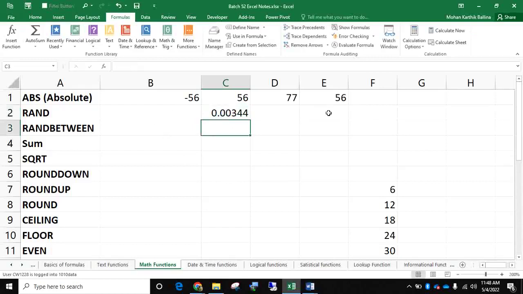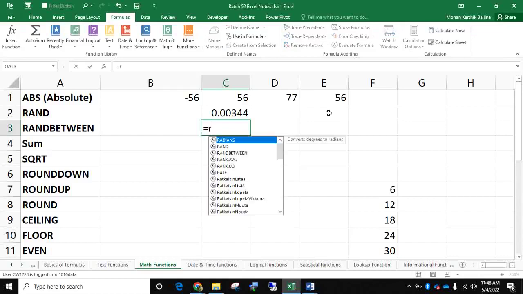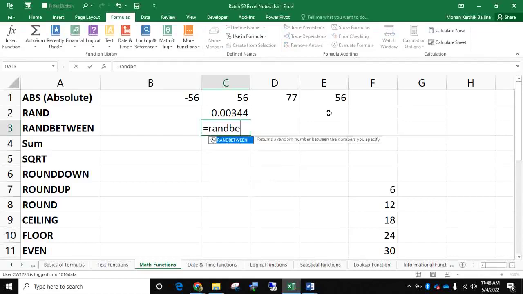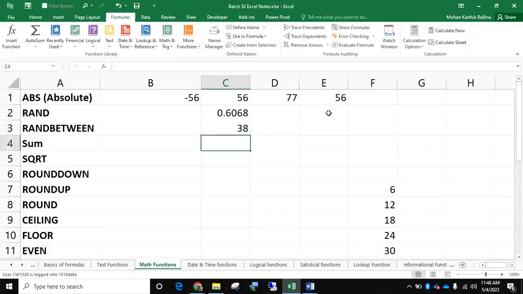As in the definition, it gives a number between 0 and 1. But sometimes I need a value between some numbers, so you can use RANDBETWEEN. Bottom is 10, top is 100. It gives a number between 10 and 100. 38. Simple.